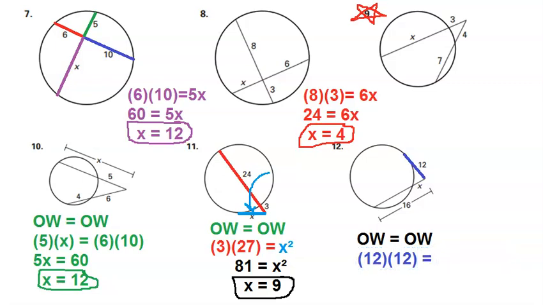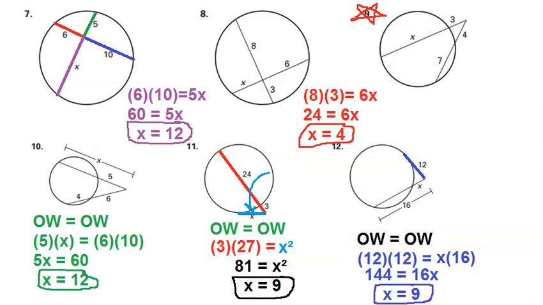Now, if you look down below, the outside part is x and the whole thing is 16. So if you set up this equation and solve it, you end up getting 144 equals 16x, which means x equals 9. So a couple 9s in a row right there for 11 and 12.